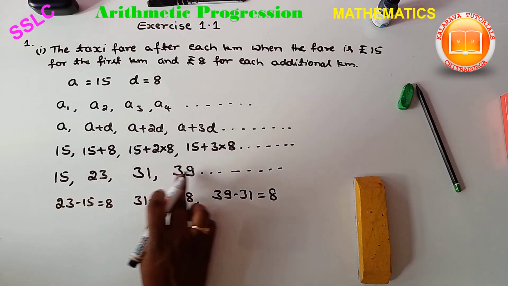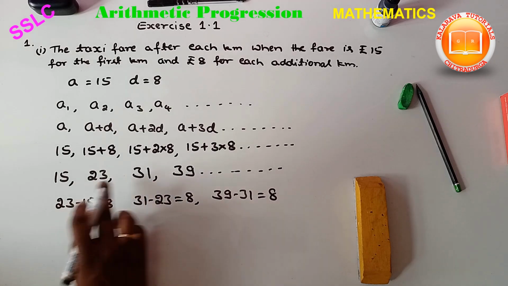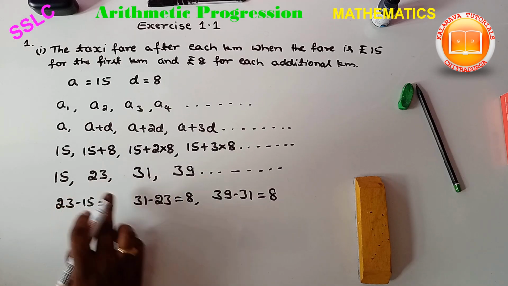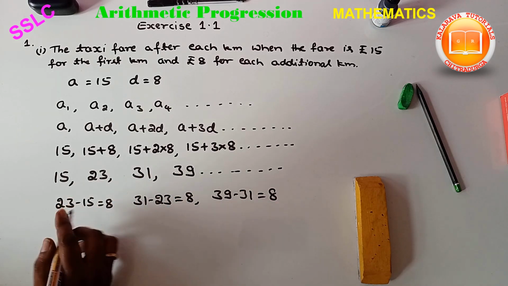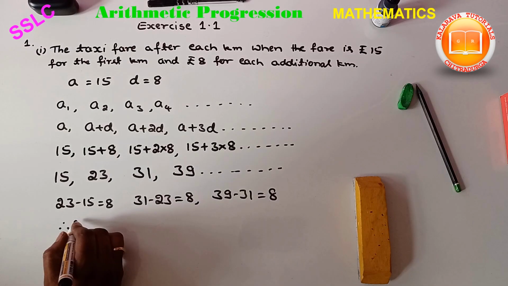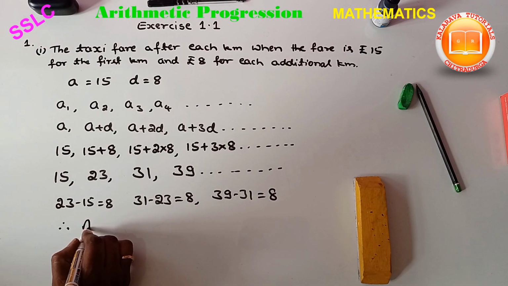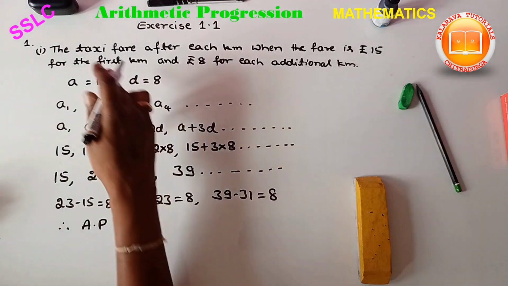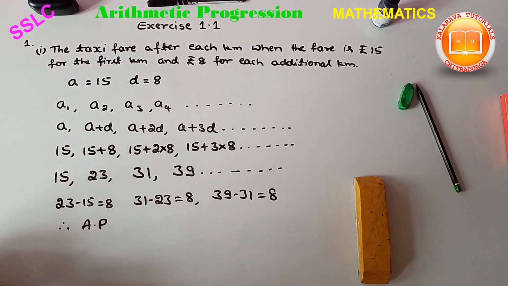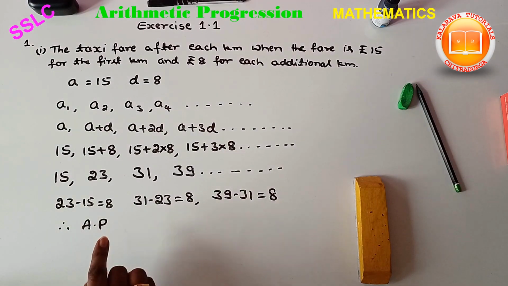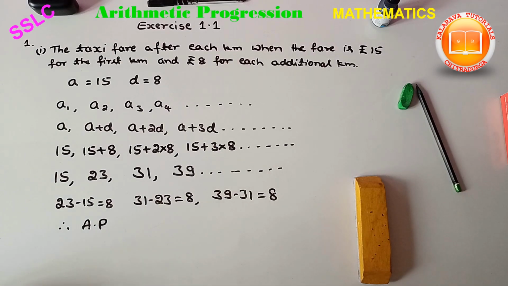Here in the series of numbers the common difference of any two consecutive numbers is constant. Therefore this series of numbers is an arithmetic progression. Thus this problem gives a series of the arithmetic progression. So this is the solution of this problem.